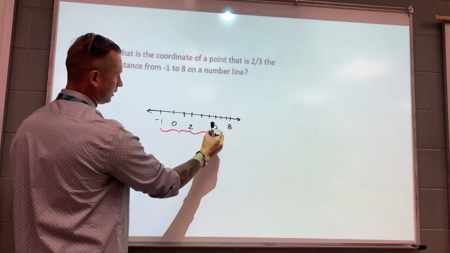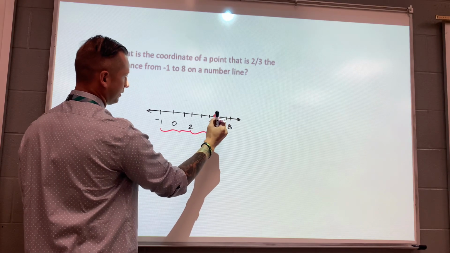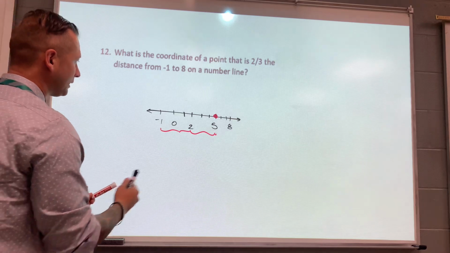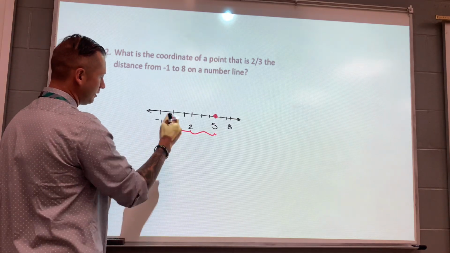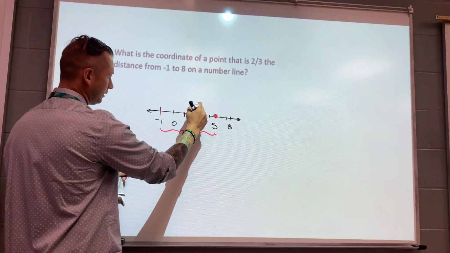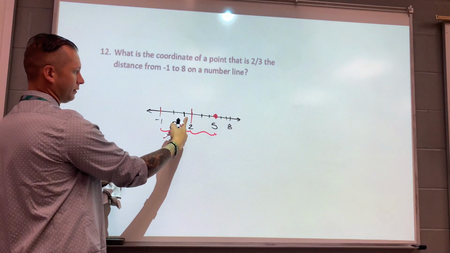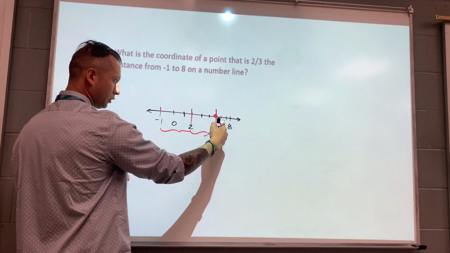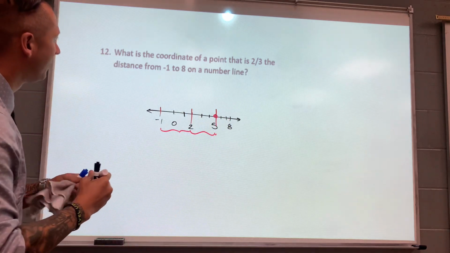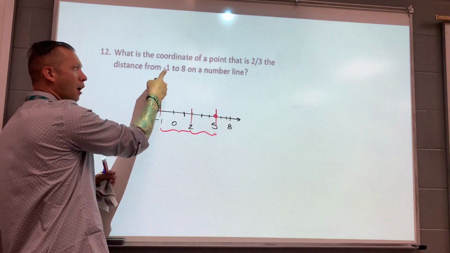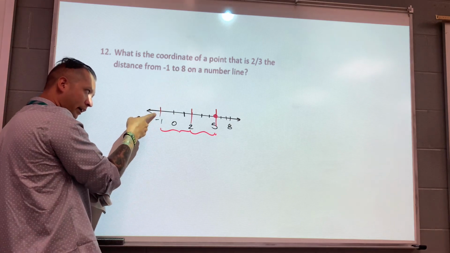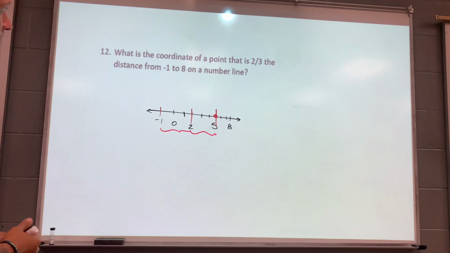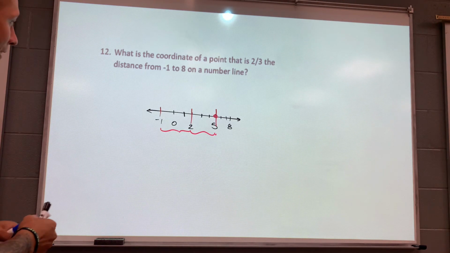That's 2/3. So the coordinate for the point is going to be 5, right? Because that's 2/3. From here to here is a third. 1, 2, 3. From here to here is another third. 1, 2, 3. Then 1, 2, 3. So it's split into thirds. It's 2/3 from -1 to 8. So starting at -1, I'm going to go 2/3 of the way to 8. So the coordinate would be 5.